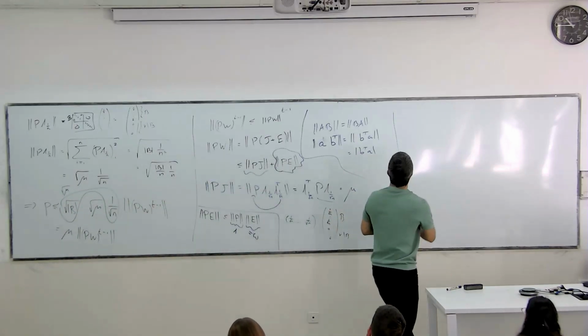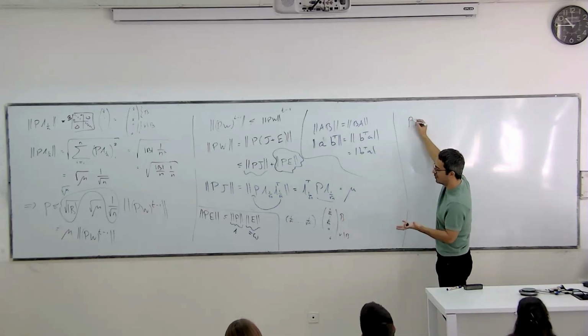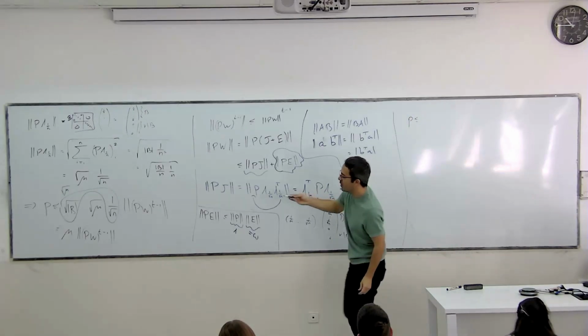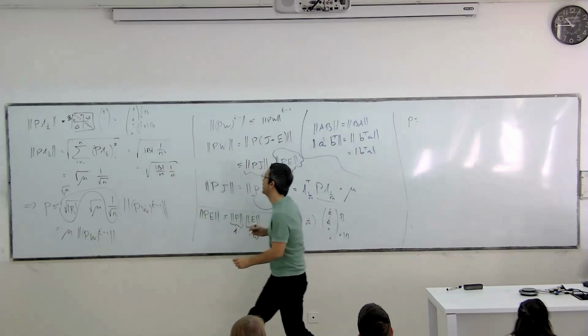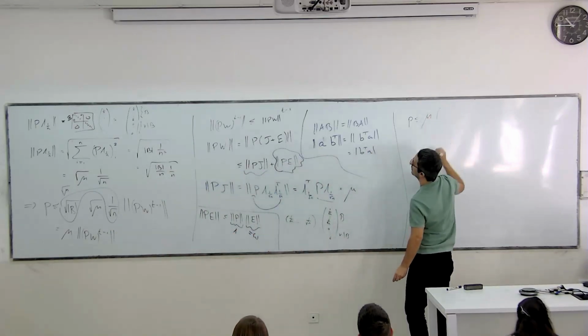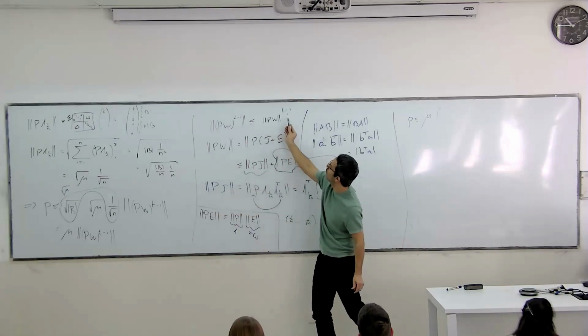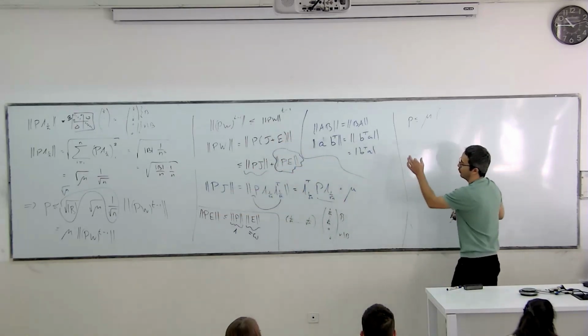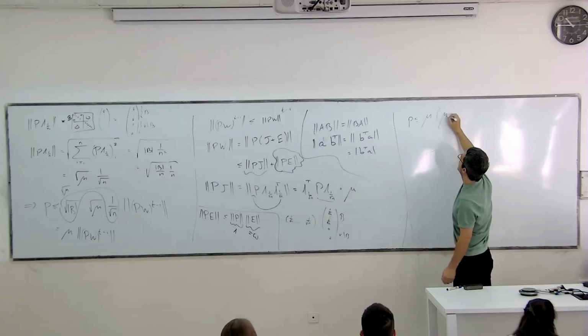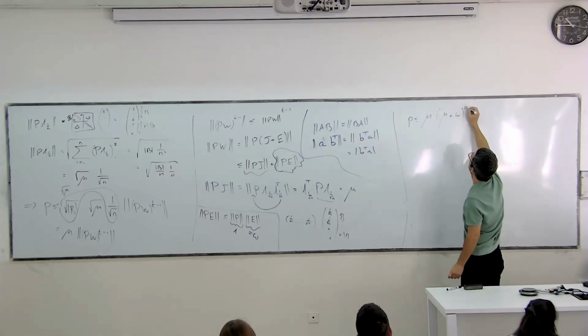Good. So overall, we get the probability that we want to bound. Over here, it's like a mu. And then we bounded the operator norm of the power by the power of the operator norm, and the operator norm of PW is mu plus omega.